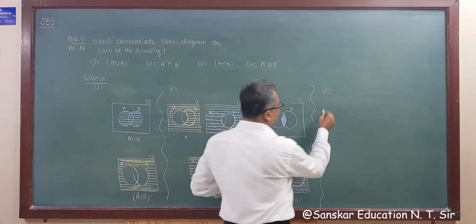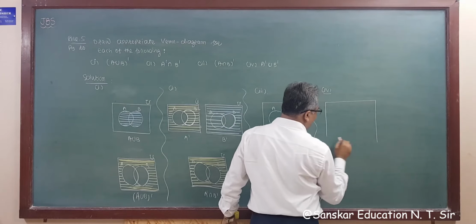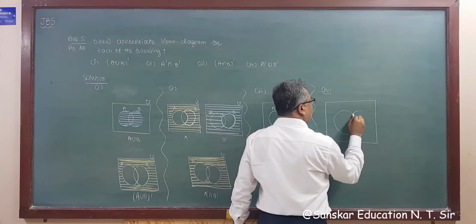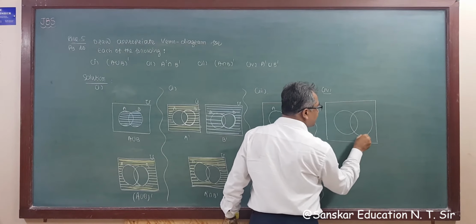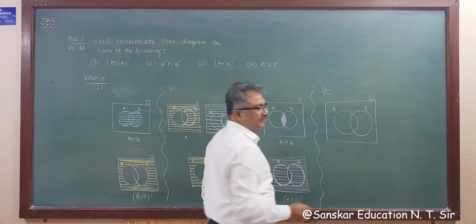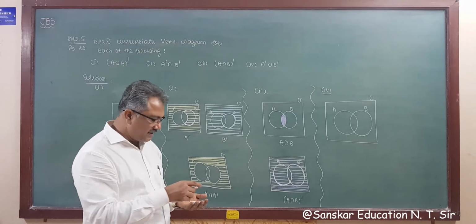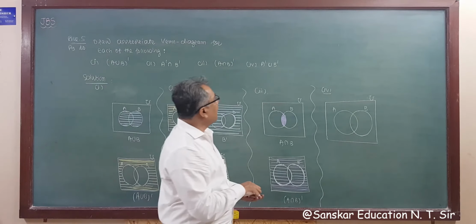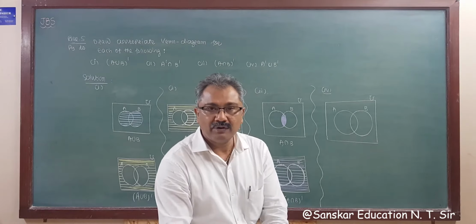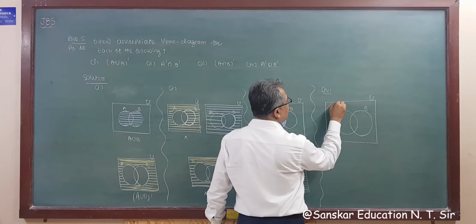But I am drawing both figures again, now in only one figure, and then we will write our answers. That is, we draw a Venn diagram for the answer. Now A dash means the set of all points which are not in A. So this is your A dash.